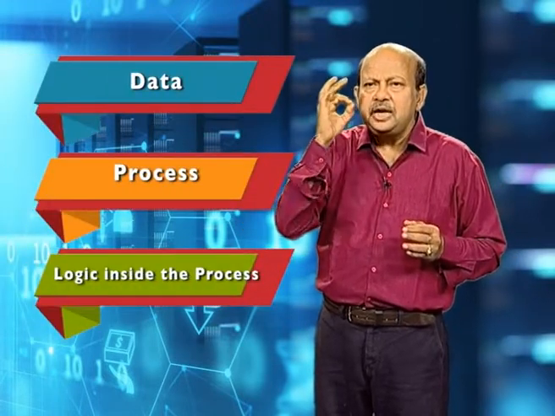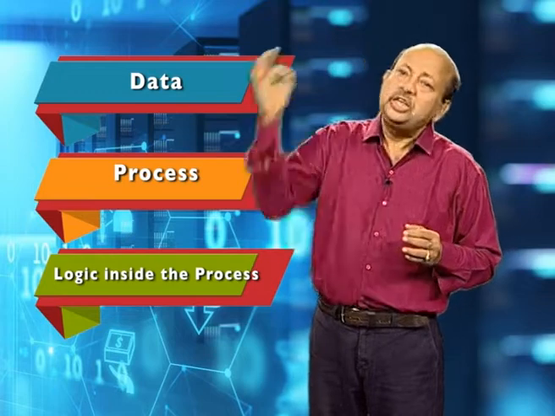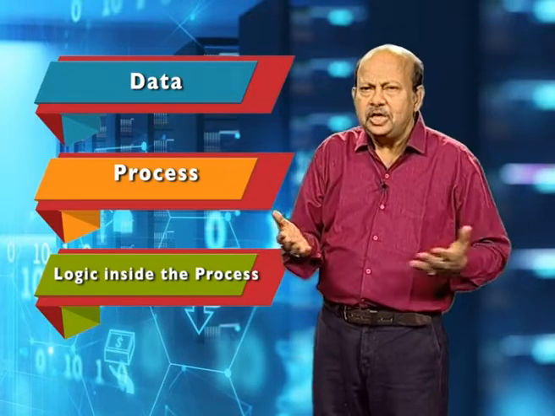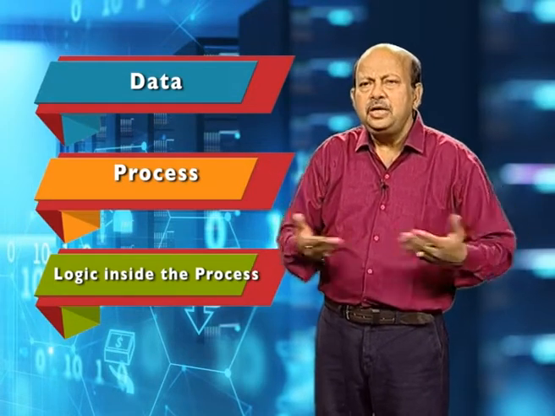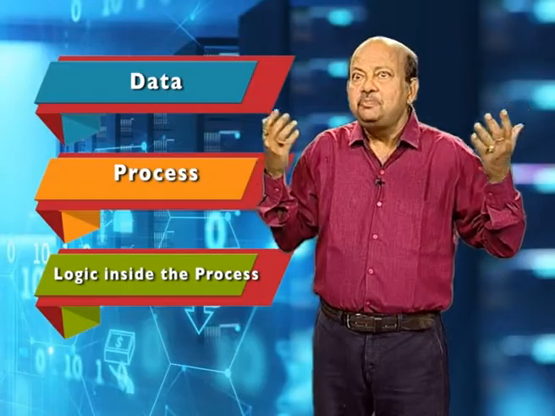So, first of all they decide the objective and goal of the information system and what the information requirements are. Many people are working on this system with reference to data. There are three things they consider: one is data, second is process, and third is logic inside the process. First, for example, data: they want to see what type of data are involved in this information system.